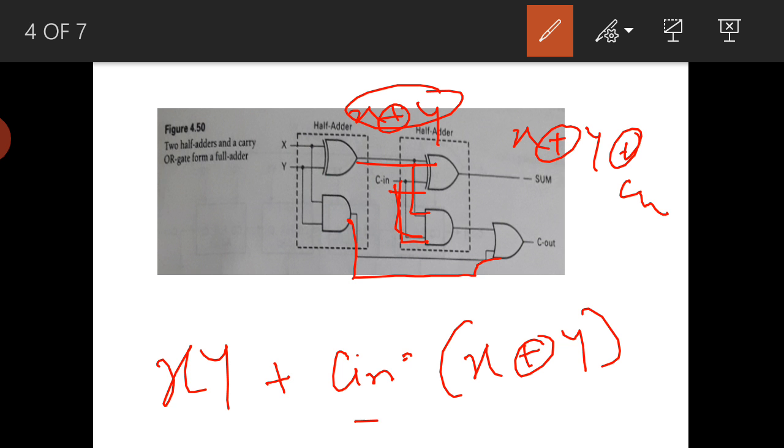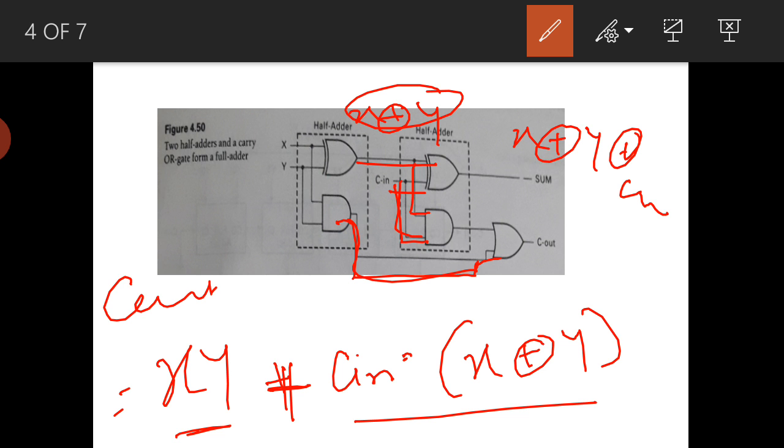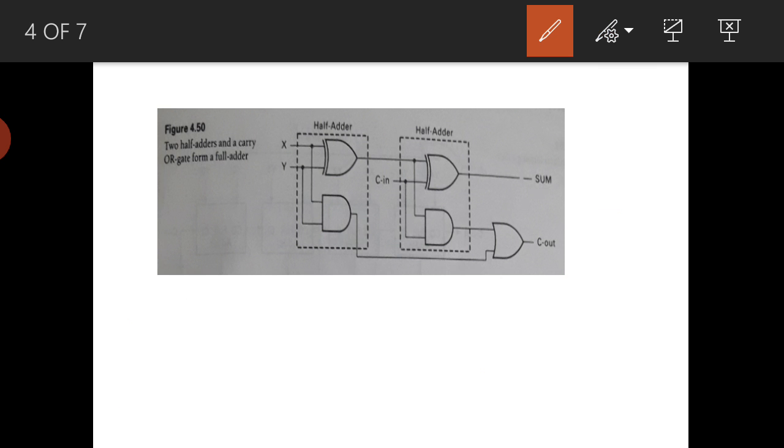So that will become c in dot x XOR y plus xy. If we add these terms together, then we will get the CO. So this is the more commonly used full adder circuit, using the two half adders. This is 1 half adder, and this is 1 half adder.